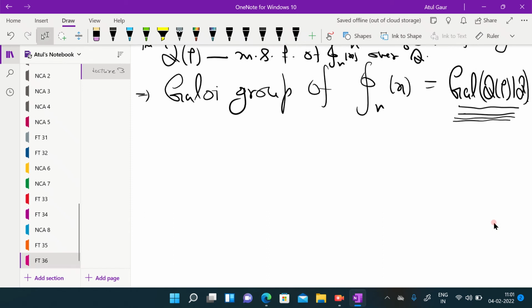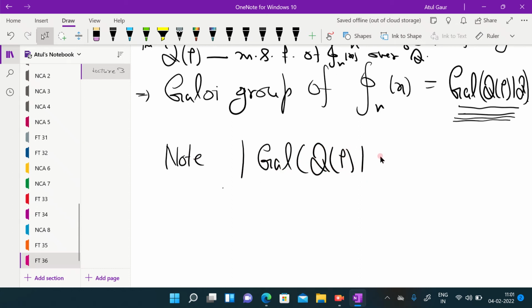By the way, can you tell me the order of this group? Anyone? What will be the order of this group? What is it equal to? Let's say E over K is a Galois extension. What is the order of the Galois group of E over K? Quite simple.